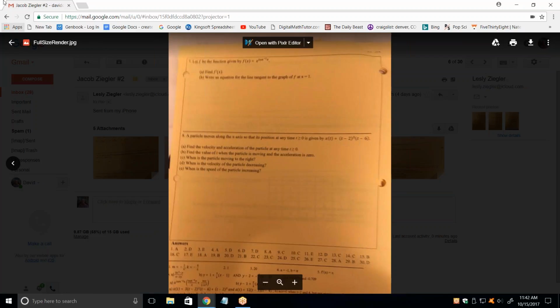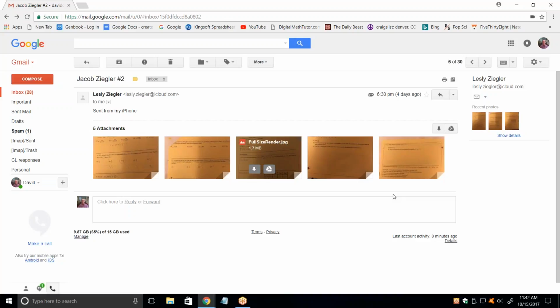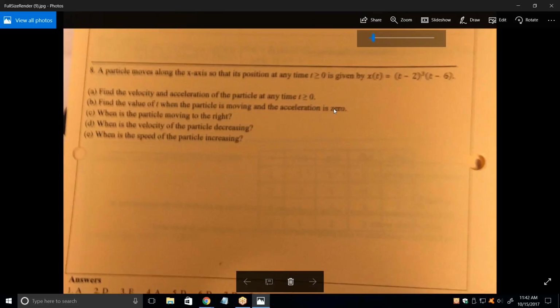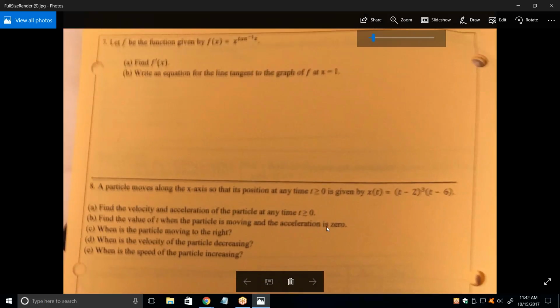Here, let me download it first. Now, these kind of questions about particles moving along the x-axis, those are critical. You definitely want to be able to do all 5 parts of this.